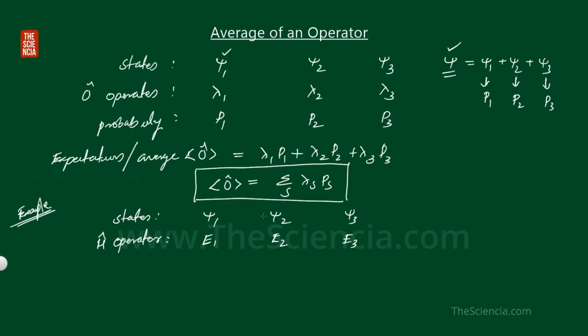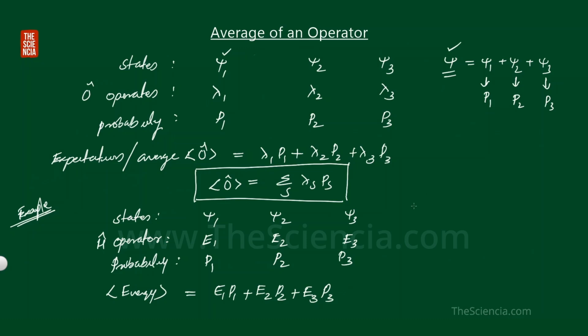And the probability of finding the particle in each of the states is different. So the probabilities are P1, P2 and P3. Then the average energy, or average value of the Hamiltonian operator, will be equal to E1 P1 plus E2 P2 plus E3 P3.